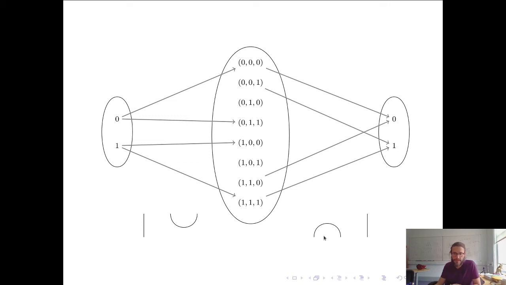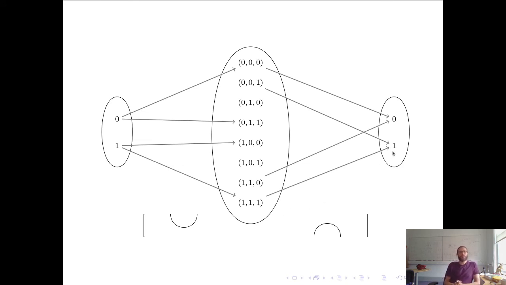So let's see that up here. 0,0 are equal, so I send the third bit through, and it goes to 0. 0,0 are equal, I send the third bit through and it goes to 1. 1 and 1 are equal, so I send the third bit through, it goes to 0. 1 and 1 are equal, so I send that bit through and it goes to 1.